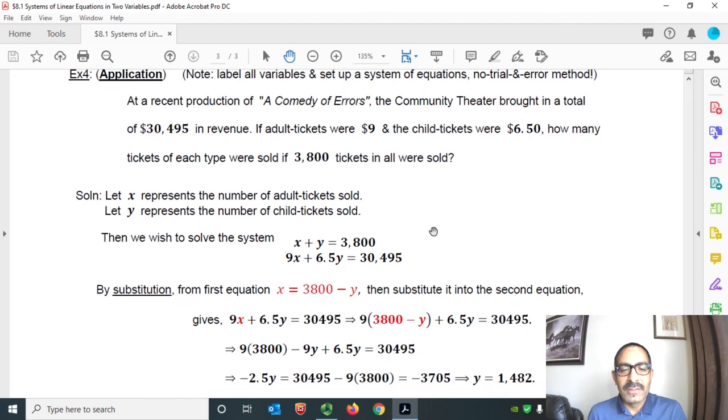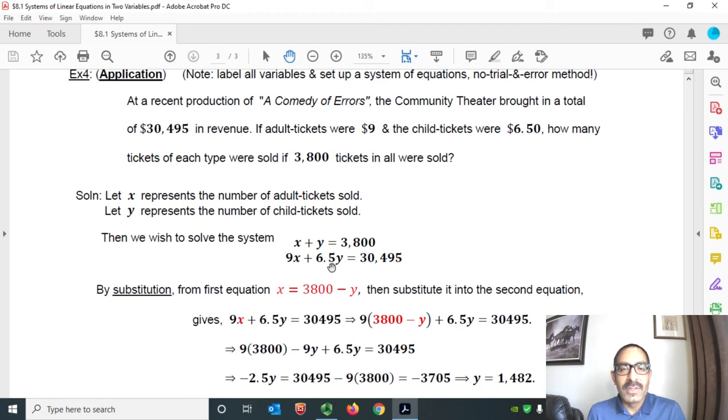Another equation: x is the adult ticket, and there is $9 for each adult ticket, so that means 9 times x, plus y represents the child tickets, and each child ticket costs $6.50, so the total is 6.5y, and the total revenue equals 30,495. So now we have a system here. I hope this conversion makes sense to you all.